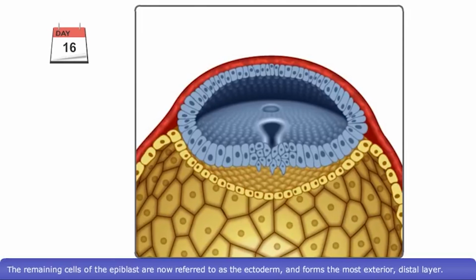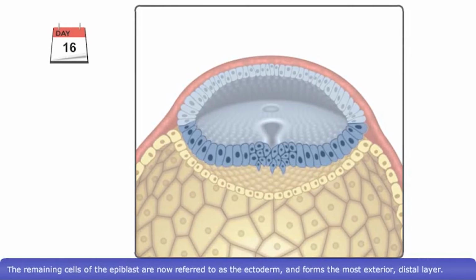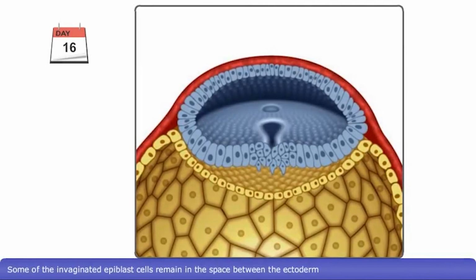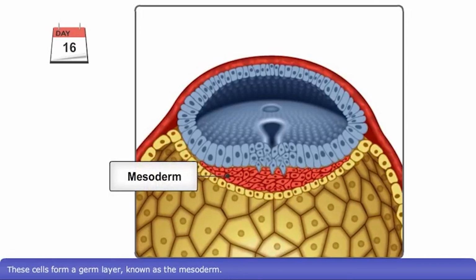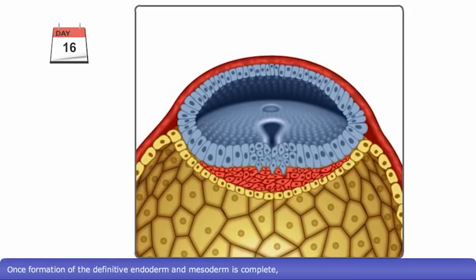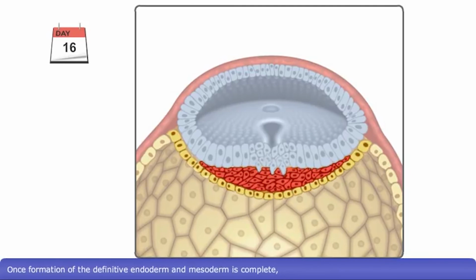Some of the invaginated epiblast cells remain in the space between the ectoderm and the endoderm, and they will form the newly definitive mesodermal layer. Those are shown in red color. Now, the three germ layers are formed: ectoderm, middle mesoderm and endoderm.